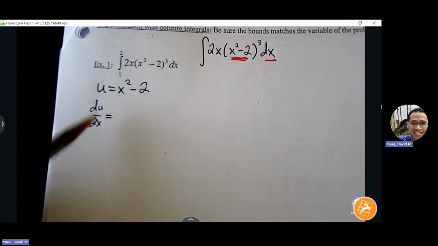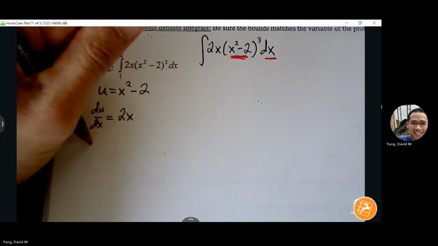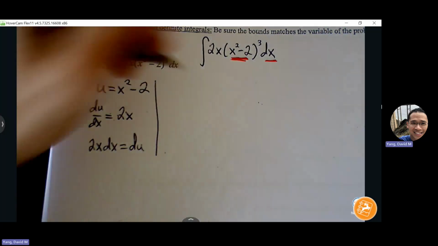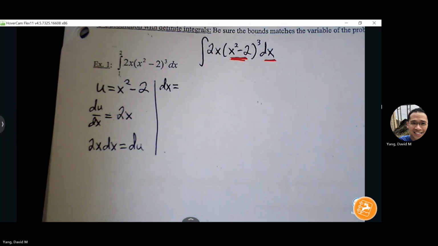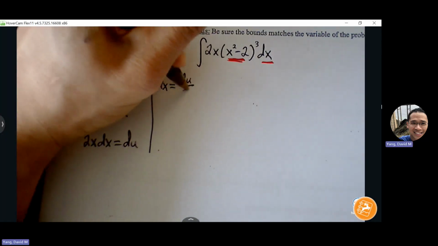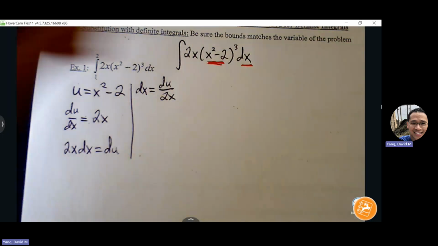All right, derivative, du dx, x squared becomes 2x, the minus 2 goes away, cross multiply. dx equals du over 2x. All right, let's make our substitutions here.